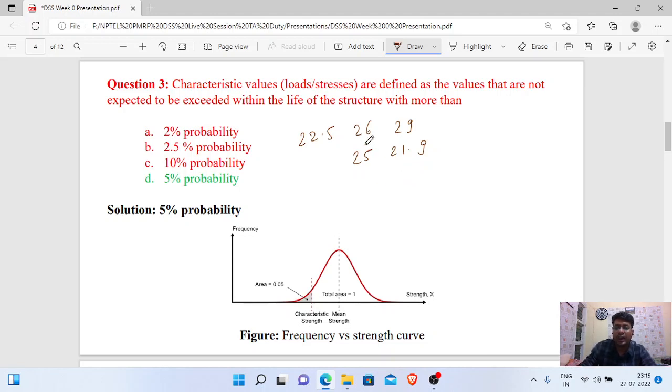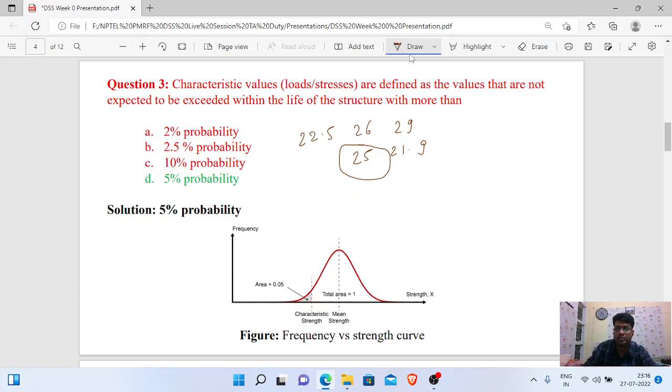So what you have observed is that below this value 25, only 5 cubes have compressive strength below 25, means out of 100 cubes which you have cast, only 5 cubes have compressive strength less than 25. So this 25 is your characteristic strength, means 5% of the results are falling below this point, that is 25. So 25 we are reporting as its characteristic strength.